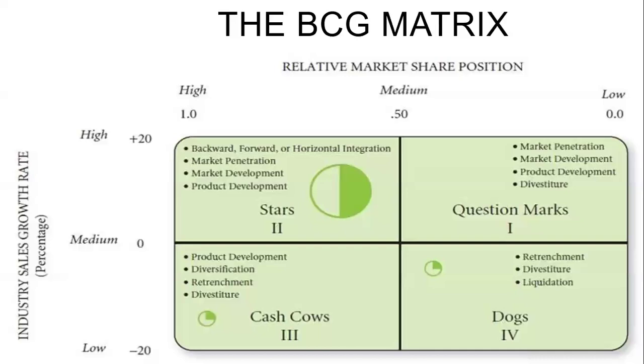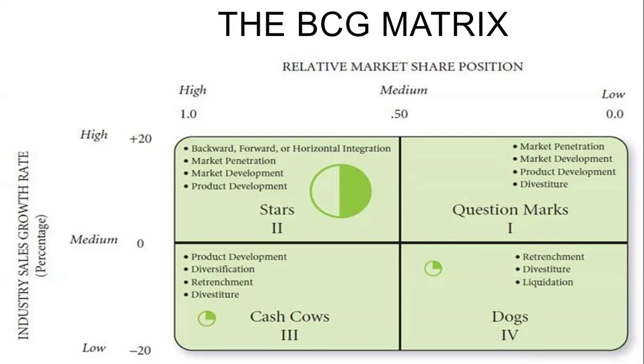Now, each of these dimensions is rated ranging from low to high. So the relative market share position of an organization is rated from low to high, whilst the industry sales growth rate of an organization is also rated from low to high. Anytime we pair some of these dimensions, for instance, when we pair high relative market share position with high industry growth rates, then we get stars.